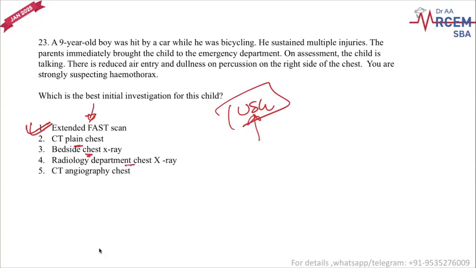Radiology department chest X-ray is not recommended. You cannot shift this patient. At the same time, CT also cannot be done for this patient. They are asking for the best initial bedside investigation. Initial is the use of FAST scan because this patient seems to be unstable, as he is having reduced air entry and dullness on percussion. Stabilize, then you shift.